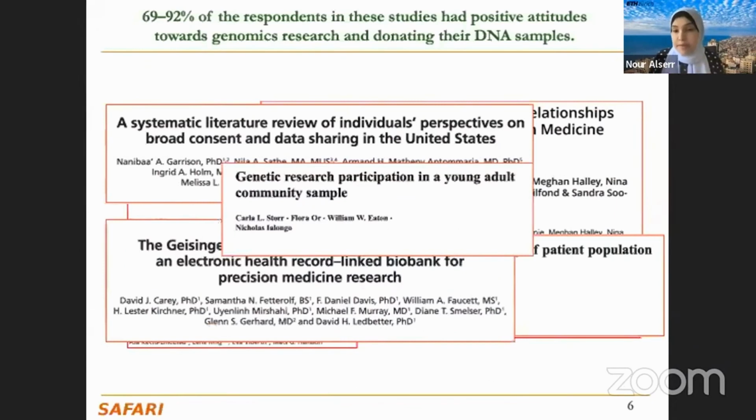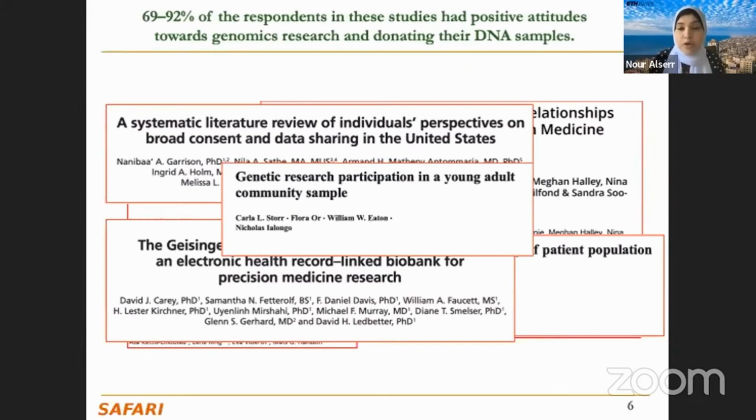Several studies report the attitude of the public in different countries like the States, Sweden, Japan, Singapore, towards genomic research, and the willingness of people to donate genomic samples. 70 to 90% of the participants in these studies had positive attitudes. They want to donate, but of course they have some concerns. So what are the concerns or risks we are talking about here?